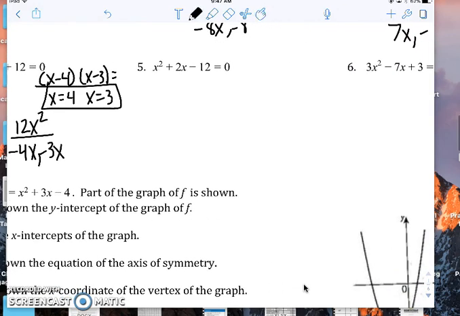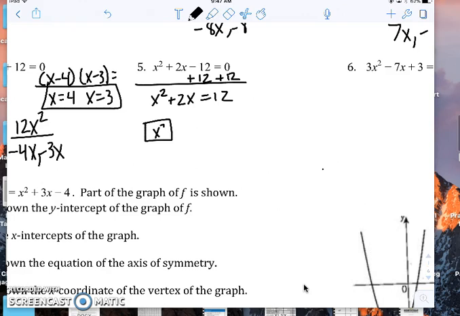This next one, let me remind you guys how to complete the square. So to complete the square, we have to add 12. So we have x squared plus 2x equals 12. And if we draw that picture, we have x squared, split it apart, 1x and 1x. So we have x and x, plus 1, equals 12.